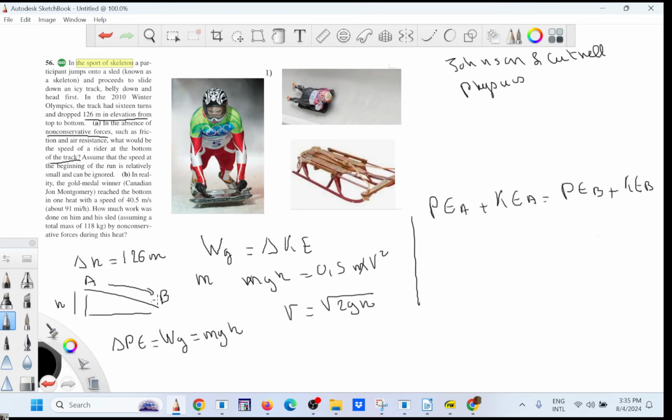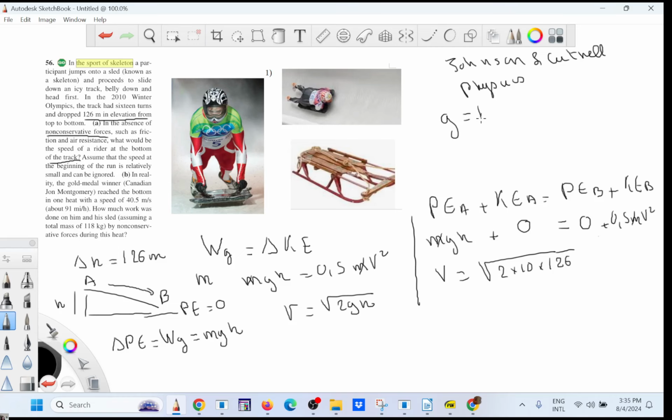And potential energy at A equals mgh, plus you start from rest, so there is no kinetic energy, equals potential energy at B, so you can take potential energy equal to 0 at the bottom, so that will be 0 plus 0.5 mv squared. And you get the same thing, so it's going to be 2 times 10 times 126, if you take g equals 10 meters per second squared.